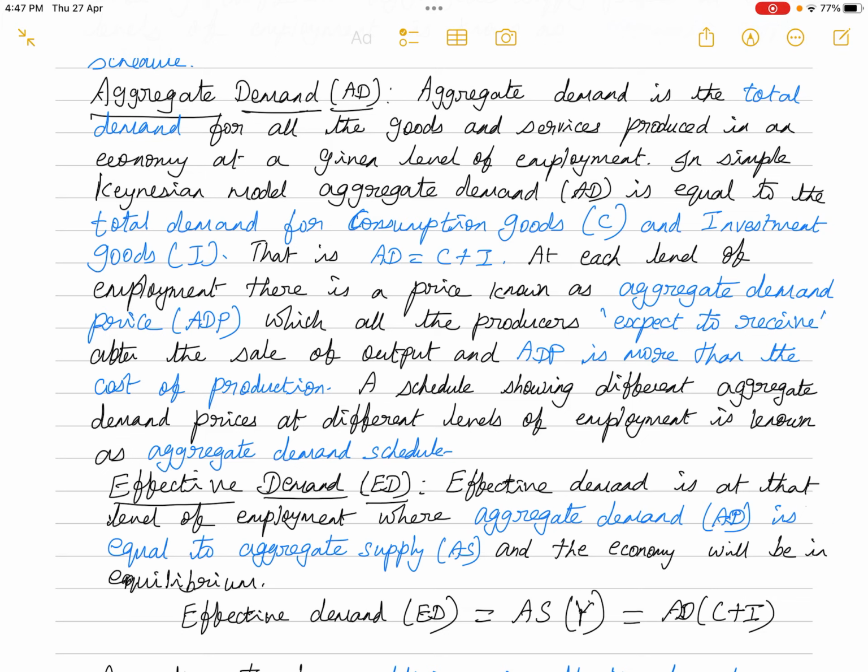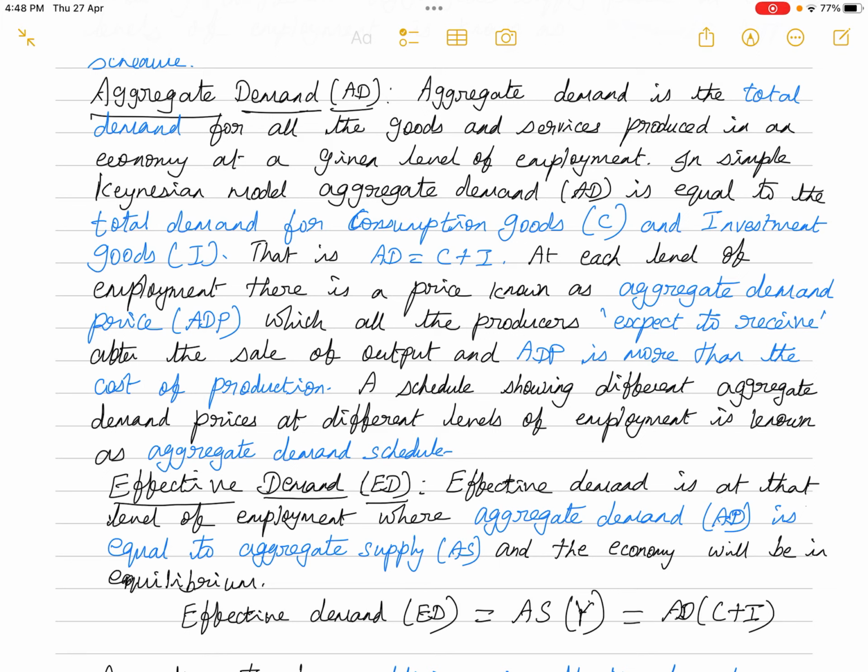So even though my cost of production is equal to 50,000, and I must receive 50,000, I am expecting to receive 60,000, isn't it? Whether I am receiving it or not, that is a different issue. But even though my cost of production is equal to 50,000 after the employment of 10 laborers, still I expect I will receive more than 50,000 so that I can get more and more profit. That is the normal tendency of all the producers, isn't it?